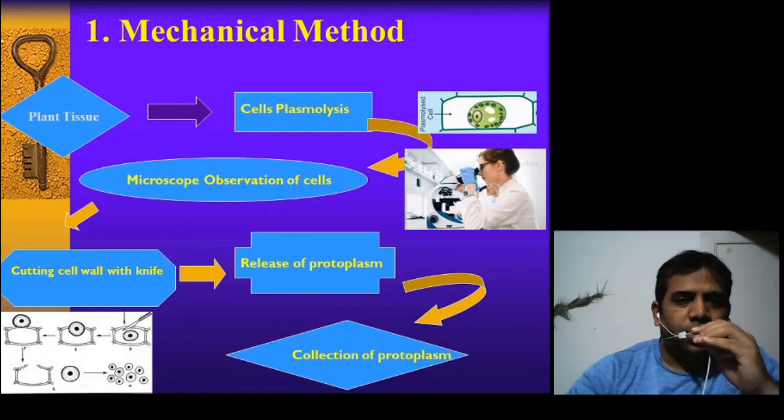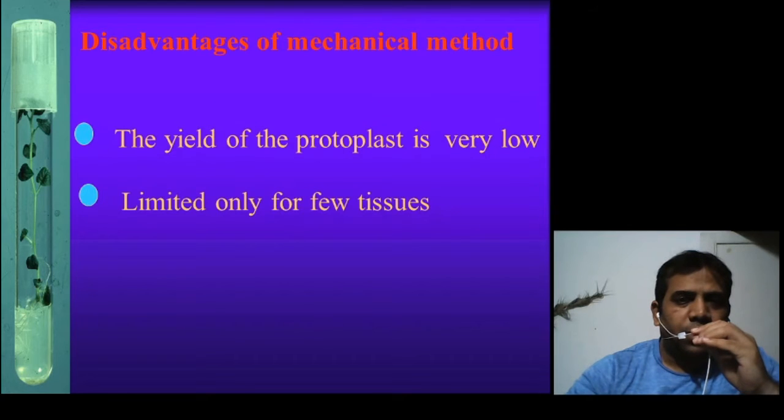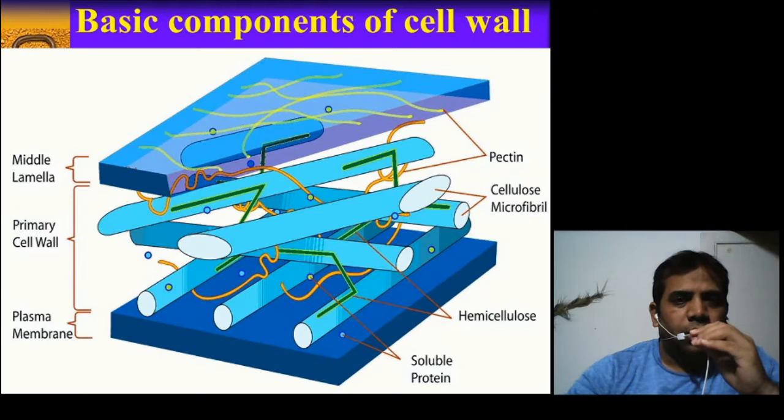By adding a low salt solution, the protoplast swells and is released from the cell wall, and the protoplast is collected. The advantage of this method is that there is no need for hydrolytic enzymes, and the components of the membranes remain intact, while the disadvantage is that the yield is very low and it is limited to only a few tissues.